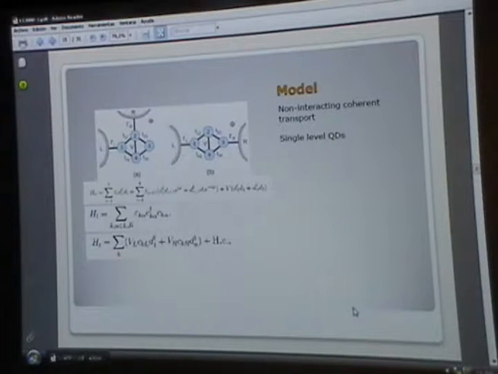The T's and the V are the interaction between pairs of quantum dots. There are 2 quantum dots, in this case 1 and 3, that are connected also to 2 electrodes, left and right.